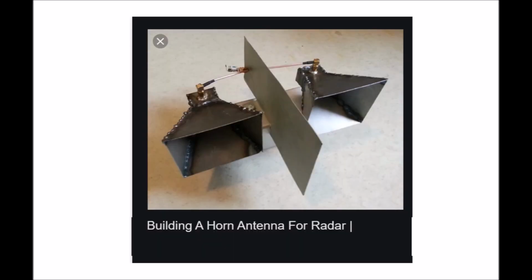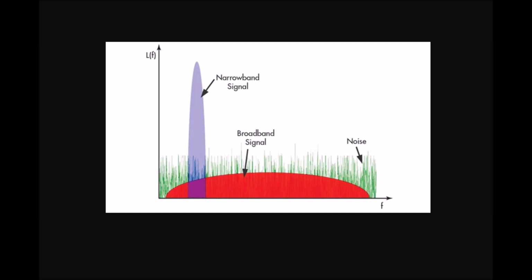The horn antenna is tapered at one end, which provides a transition between guiding system and surroundings. It is also commonly known as electromagnetic horn. The aperture antenna is also useful for the broadband signals.